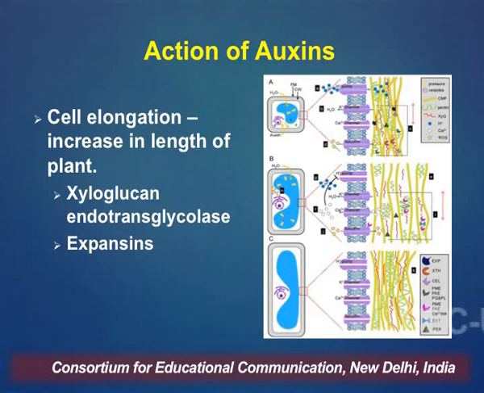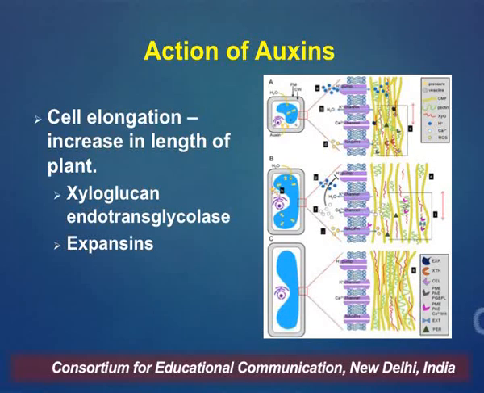Now we move on to how auxin is transported within the cells. If we look at the structure of the plant cell, the outermost region is the cell wall, followed by the cell membrane or plasma membrane, and then the cytosol, where all the organelles are.